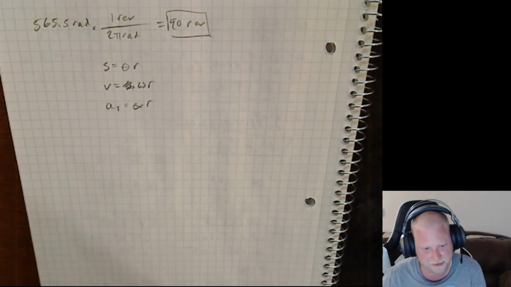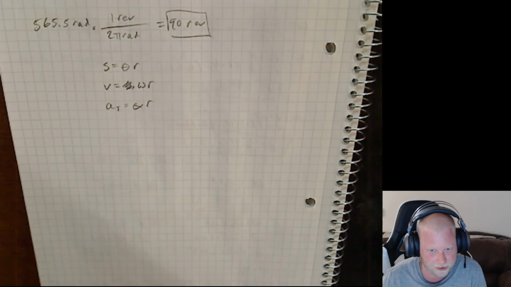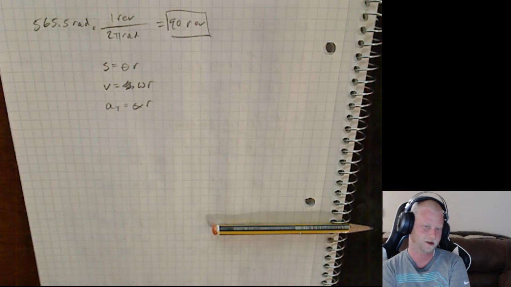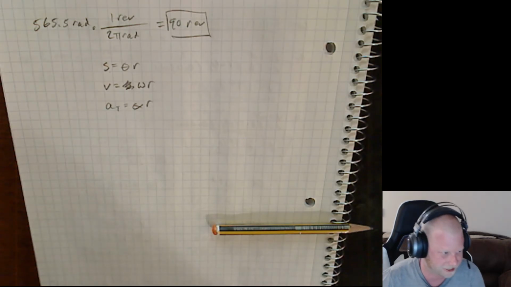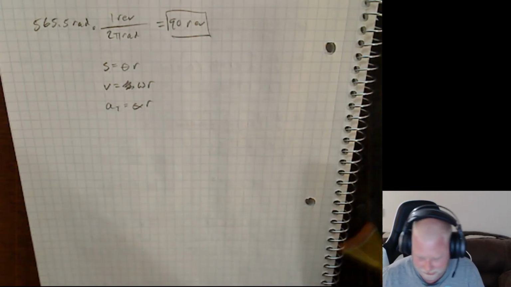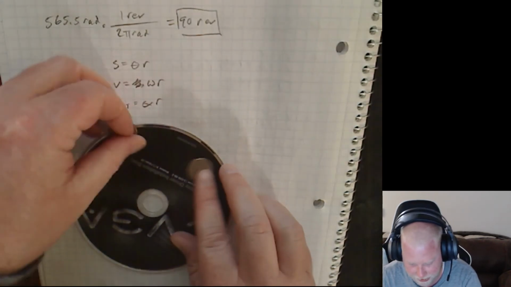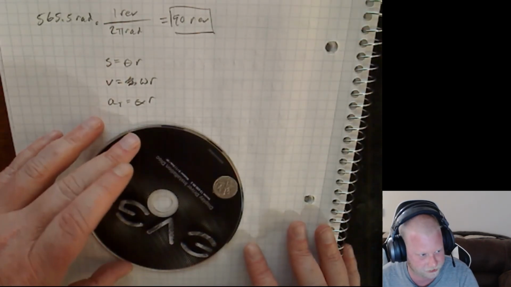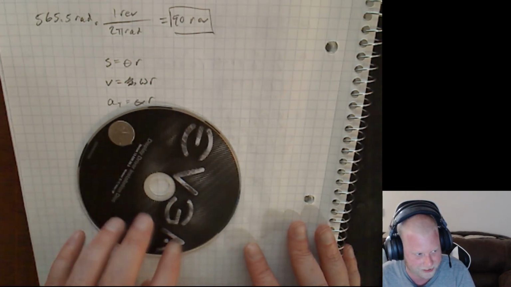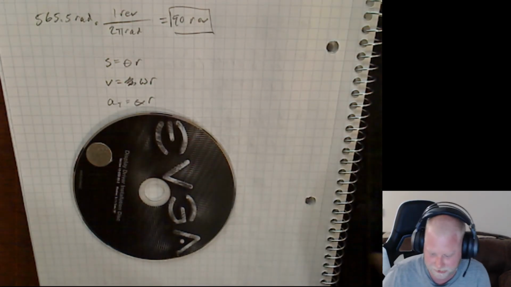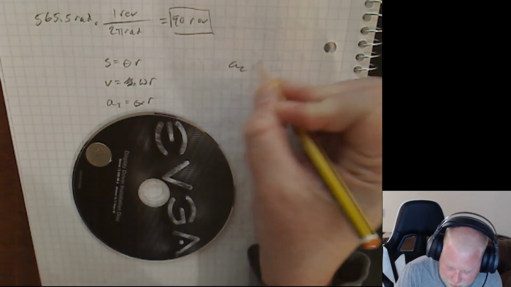Now, keep in mind, when we're dealing with rotational motion, you have the possibility that you have 3 different accelerations running around. If the object is changing direction, say, like a coin on a disc that's just rotating, well, that coin is moving in a circle, so it has centripetal acceleration.